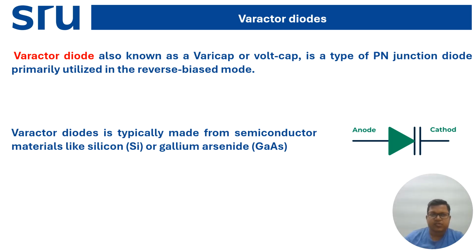As the name suggests, the Varactor diode, also known as a varicap or goldcap, is a type of PN junction diode primarily utilized in the reverse biased mode.